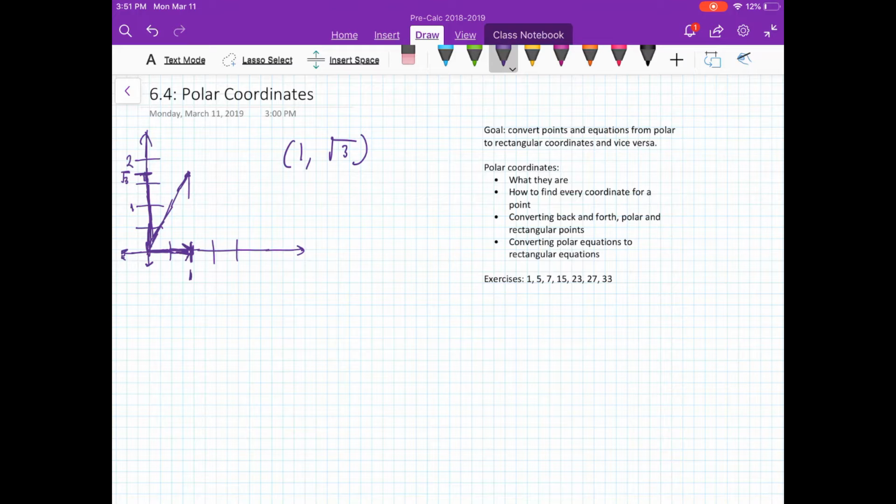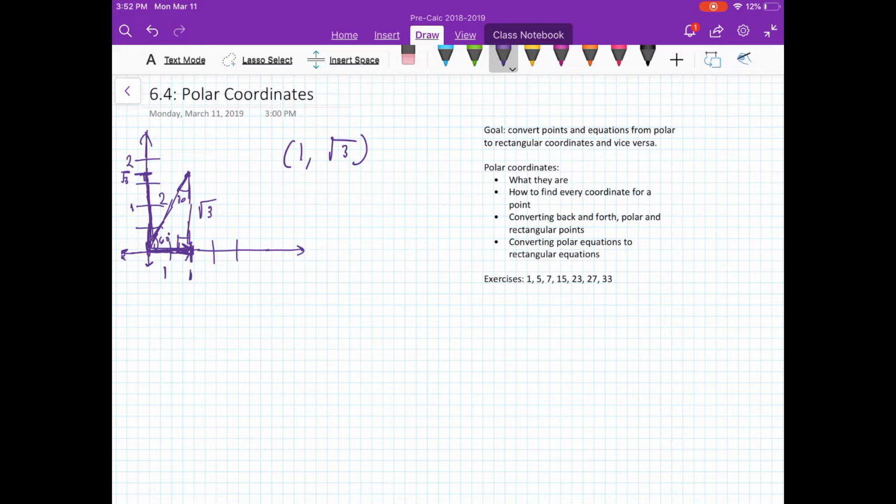If you were to make a triangle out of this, you might be familiar with it: this is a 1, this is a square root of 3, and this is a 2. The hypotenuse would be 2. We're actually making a 30, 60, 90 triangle. This would be 30, and this is 60 degrees. So we have a 30, 60, 90 triangle, but in order to craft it, it's really confusing. We have to deal with that square root of 3.